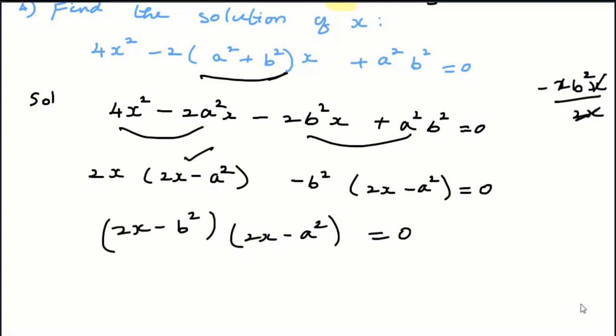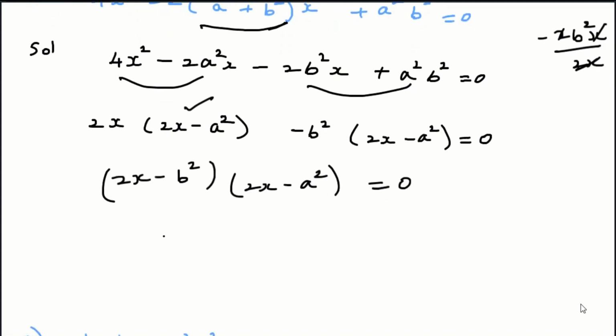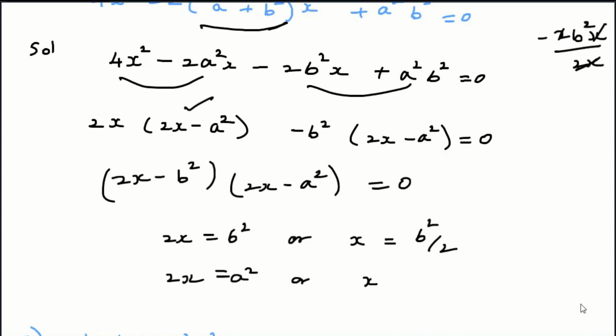Here it is 2x, here it is minus b square. So I get 2x equal to b square, or x is equal to b square by 2. Similarly 2x equal to a square, or x is equal to a square by 2.